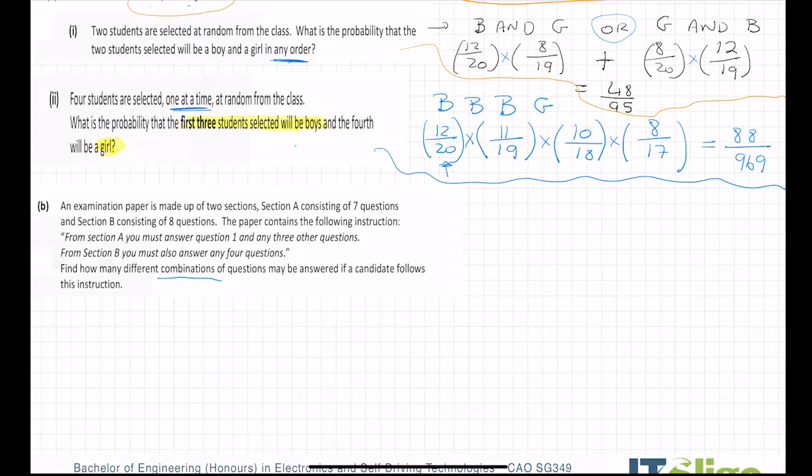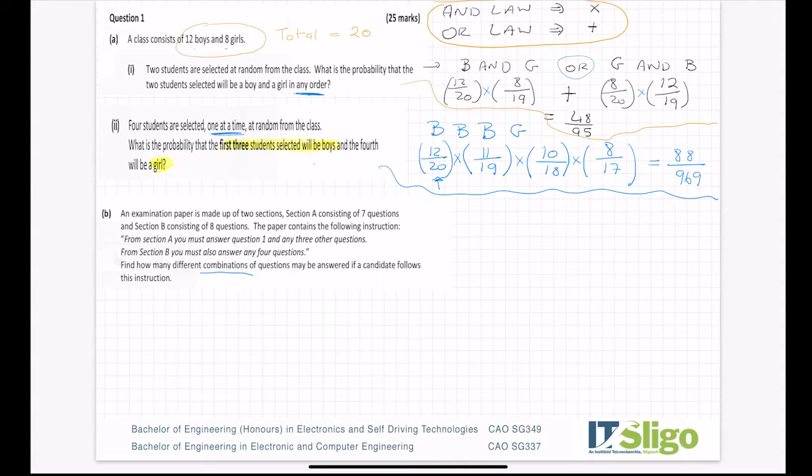Okay, the difficult piece, in my opinion, in this question is trying to figure out if it's a combination or a permutation. So if you've watched the theory video on this, I described how a permutation specifies order, a combination not so much. Okay, so what do I mean by that?